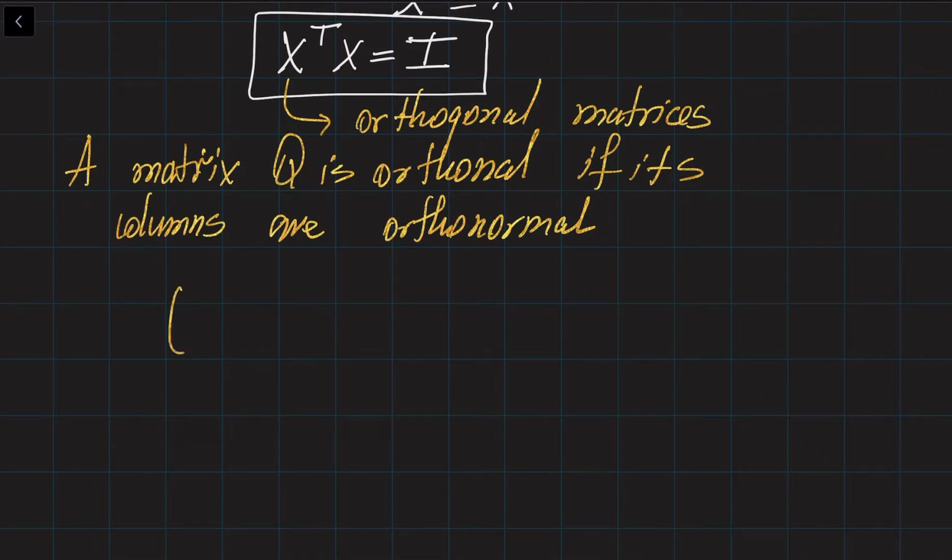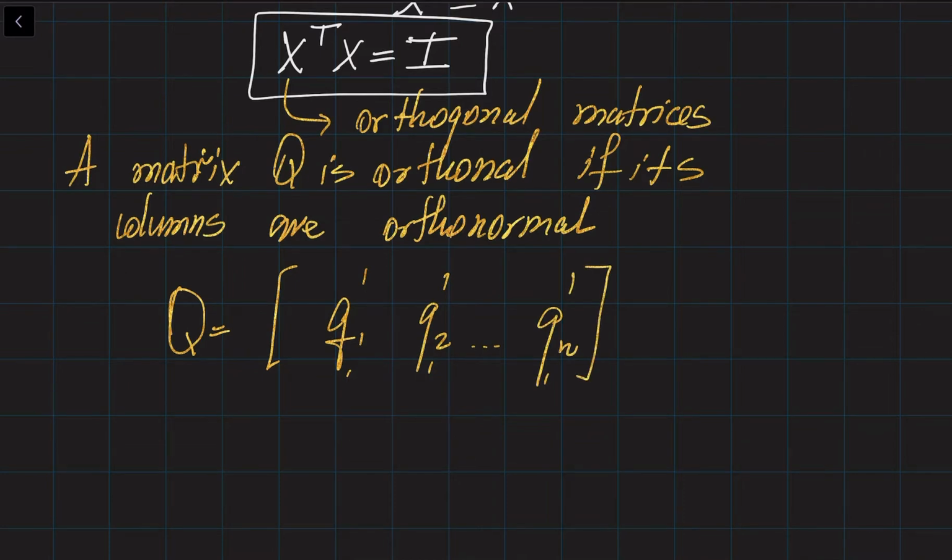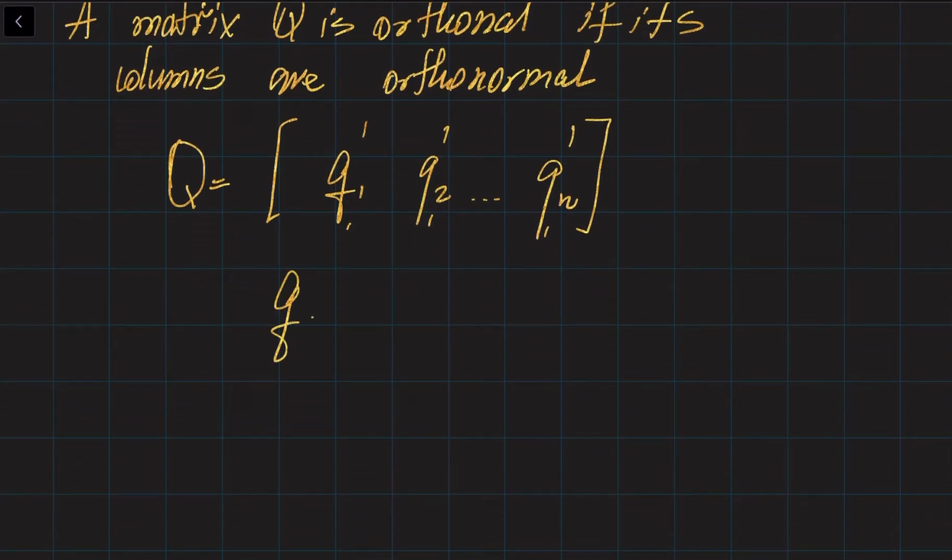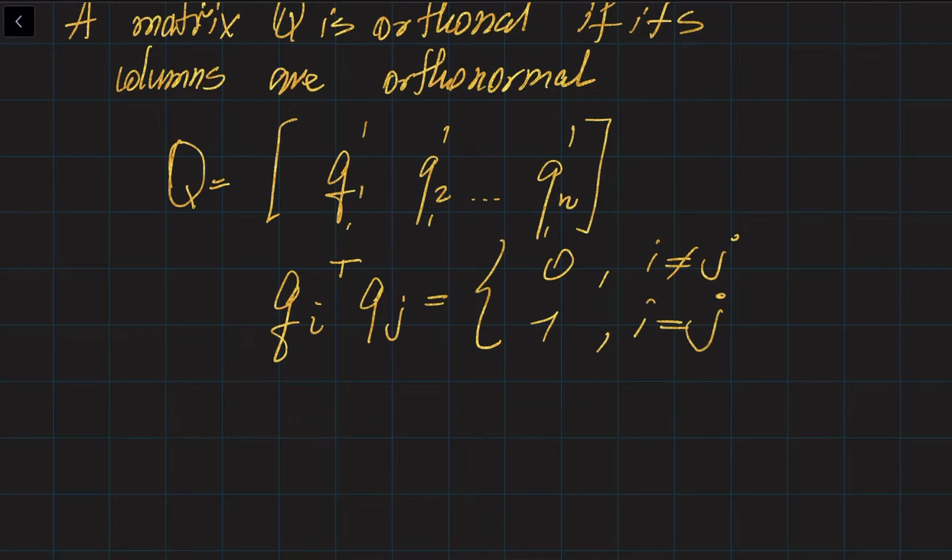So let's assume that Q has n columns, Q1, Q2, and so on, Qn. If you scalarly multiply Qi transpose to Qj, it's going to be equal to 0 if i is not equal to j, and it's going to be equal to 1 if i is equal to j. So essentially, if you multiply a vector to itself, you're going to get 1 because all of them are unit vectors.